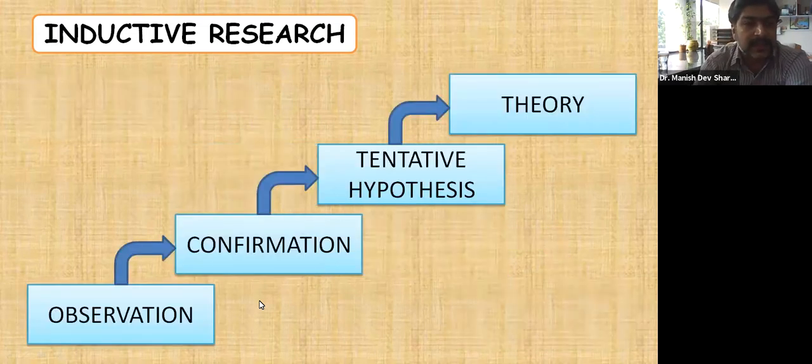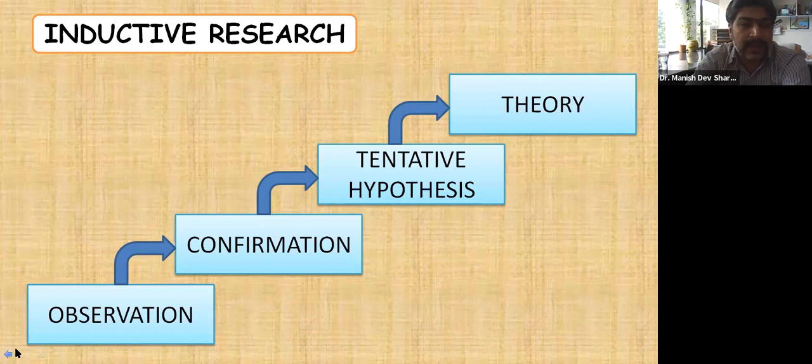In inductive research, it is totally the reverse route, where most of the PhD problems used to work in this area, because people are trying to be safer, so that whatever they find should be like a new set of theory or model.